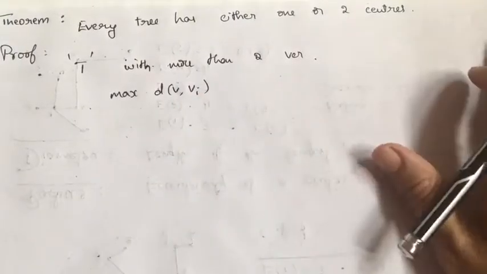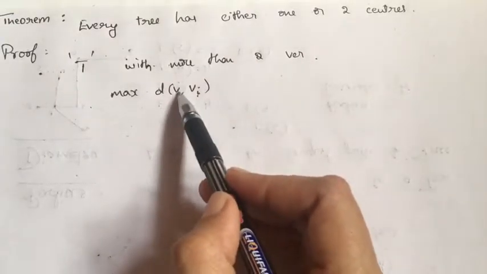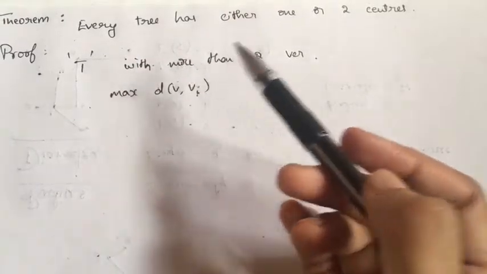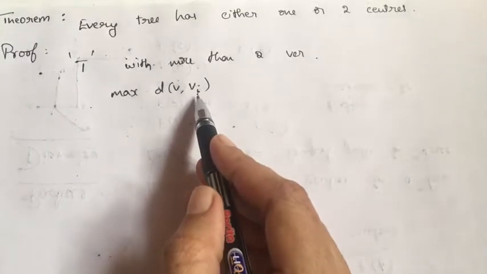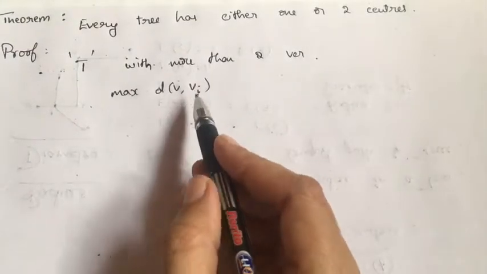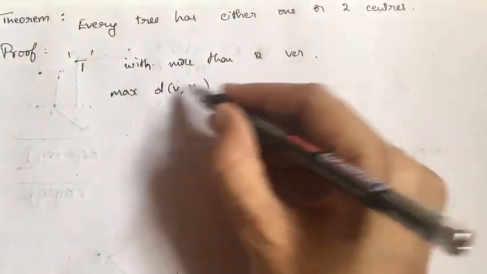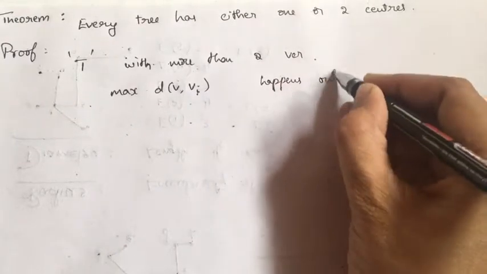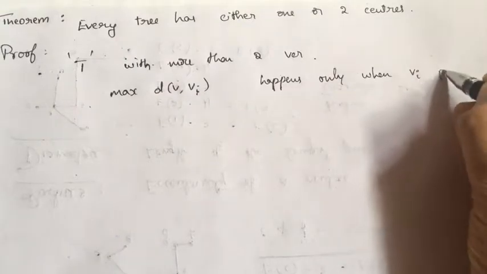Of course, we have observed in the previous example, if vi is a pendant vertex, then the distance between v and vi becomes the maximum. So the maximum distance d(v, vi) occurs only when vi is a pendant vertex.